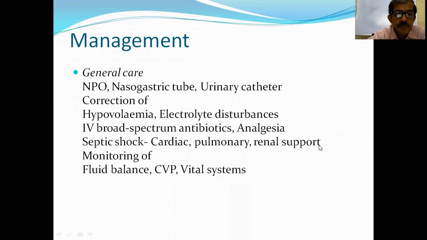Input output chart, CVP measurement, pulse and temperature, all this monitoring is very, very important. So generally it is monitoring and nil oral. Ryle's tube is also very important, because as far as possible we should give rest to the bowel, at least initially.